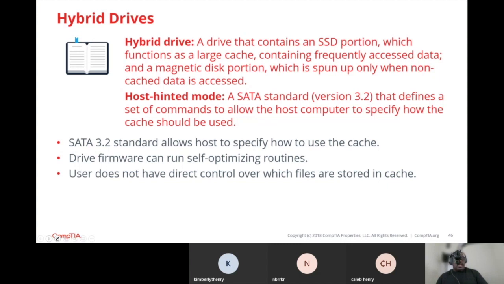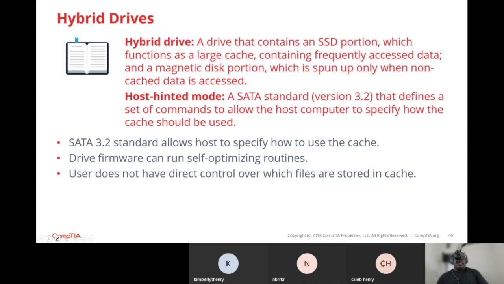The user does not have direct control over which files are stored in the cache. The drive firmware uses AI to predict the files that you're going to use a lot, and it moves those files to the SSD and leaves the other files on the hard disk drive.